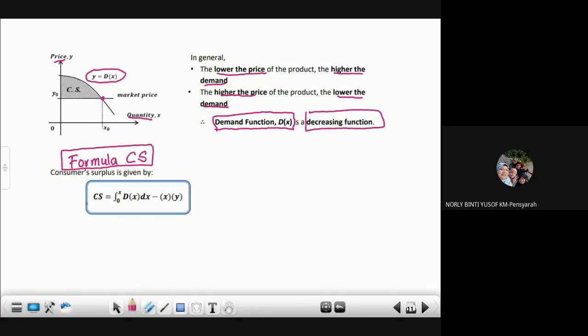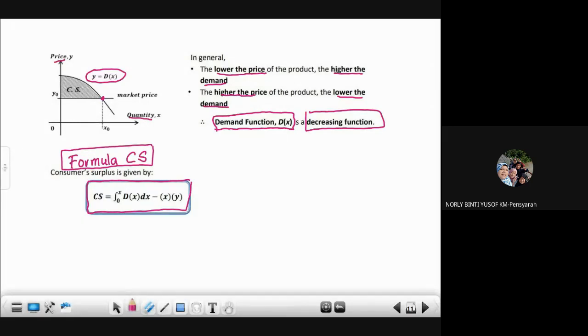Kalau selama ni kan tulis area dalam integration, ni sebab dia nak cari consumer surplus. So limit from 0 to X, demand function respect to X, tolak XY. So dia fix lah. So kita guna saja formula CS ni bila dia soalan suruh cari consumer surplus.